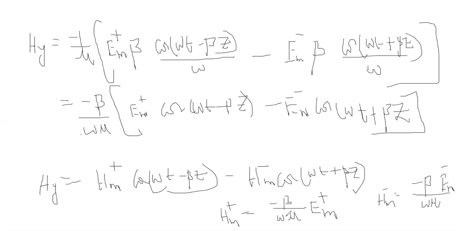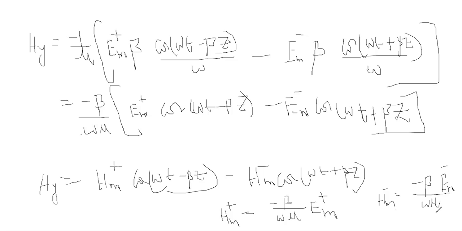Okay. Now the ratio between the electric field and the magnetic field is nothing but intrinsic impedance. Em plus by Hm plus is eta, or Em minus by Hm minus with a minus sign, we'll get omega mu by beta.